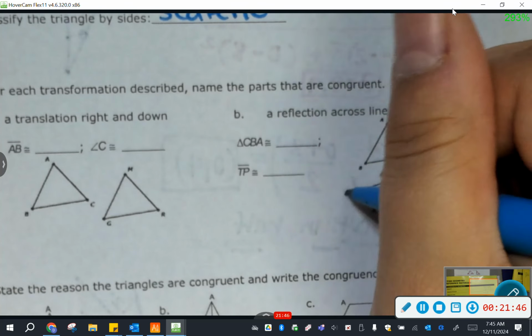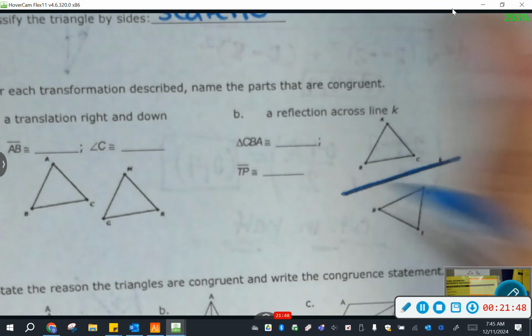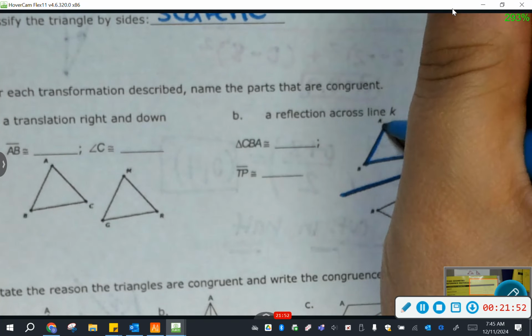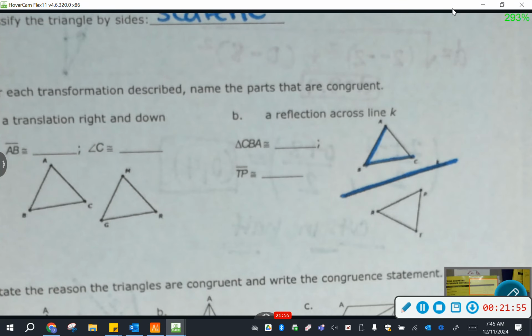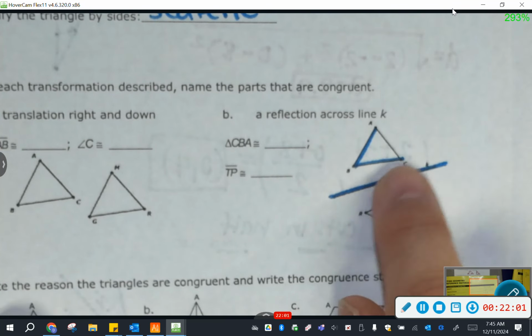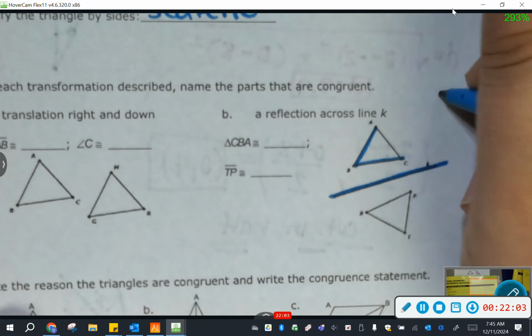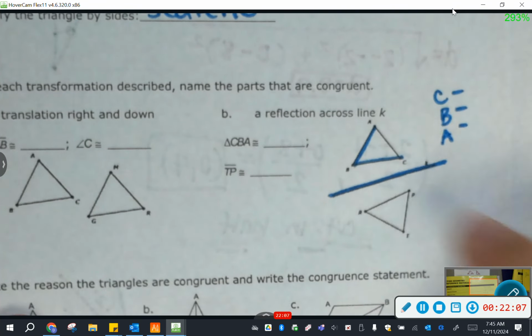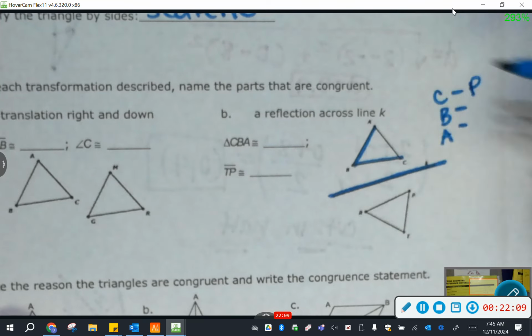If this triangle is a reflection of each other, it's C, B, A. Oh my gosh, this is tiny for y'all on your papers. I think I'm old. I see those letters. I'm going to go with C. So in order, C, B, A goes with what here? What goes with C? P. What goes with P?